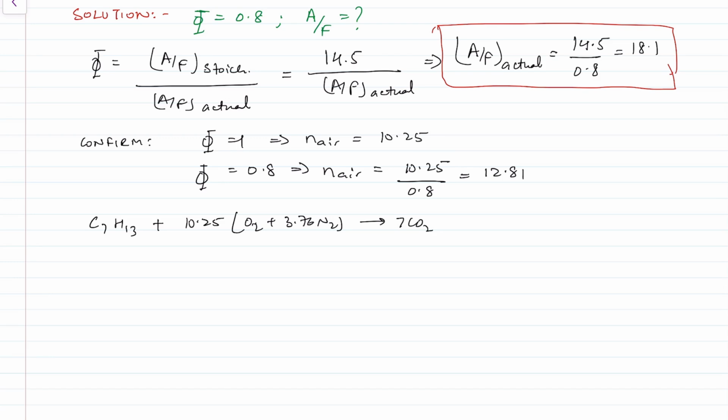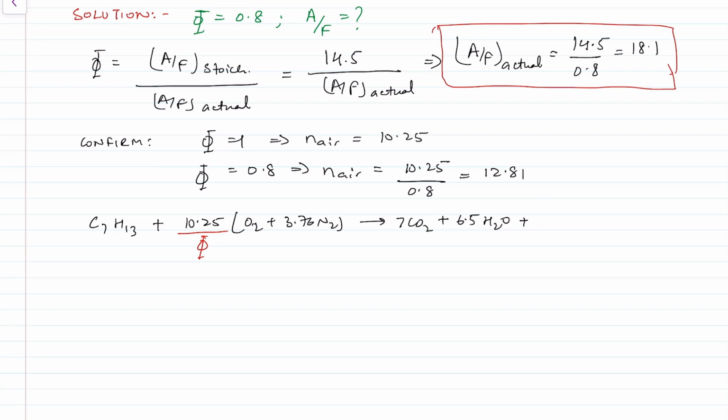But now the moles of air are divided by phi, which in this case is 0.8, so 7CO2 plus 6.5 water. But then we don't know how much nitrogen is there, so this is an unknown.